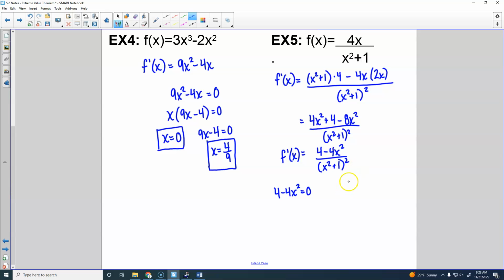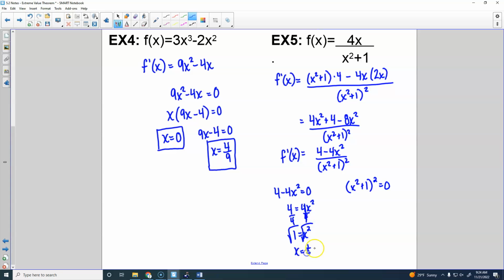And then you also want to set your denominator equal to 0, and check for where it's undefined. And so over here we could do 4 equals 4x squared. We could divide by the 4. 1 equals x squared. What do we get there when we square root both sides?